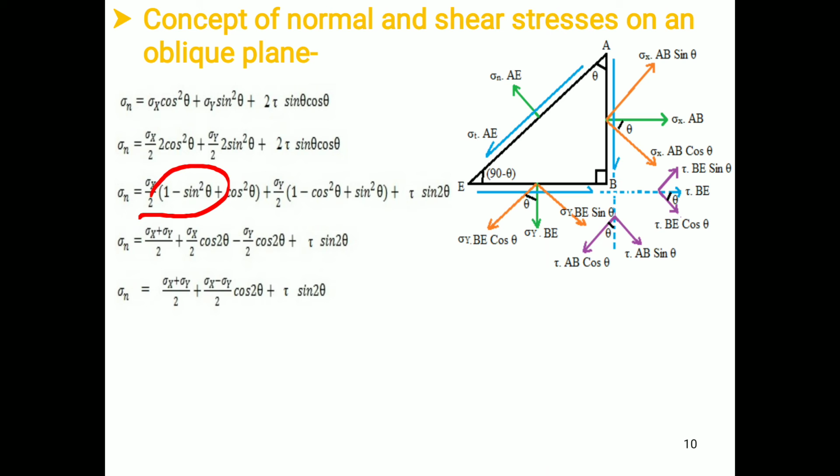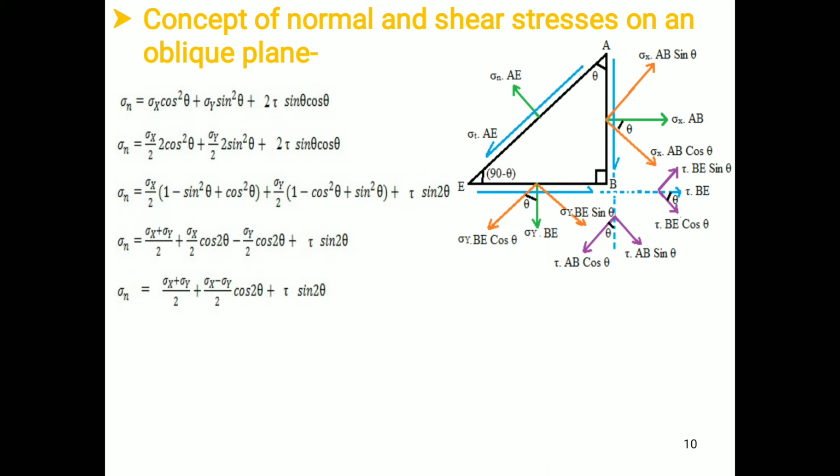So this is the value of one cos square theta, and the other cos square theta will remain as it is. Plus sigma y by 2 into 1 minus cos square theta plus sin square theta, and the last one plus tau sin 2 theta, because 2 sin theta cos theta is sin 2 theta. So this is the answer for this one.